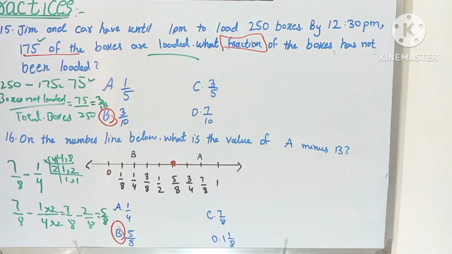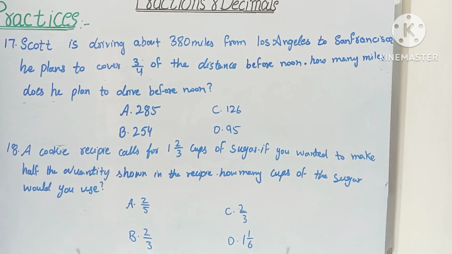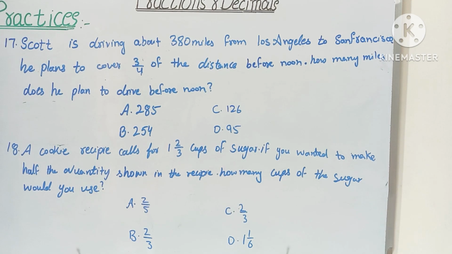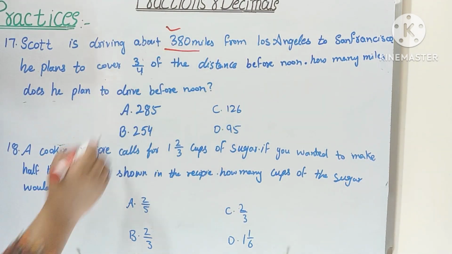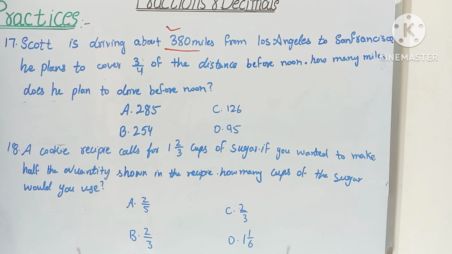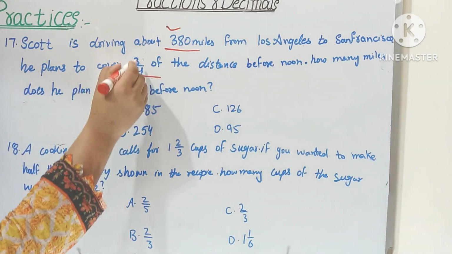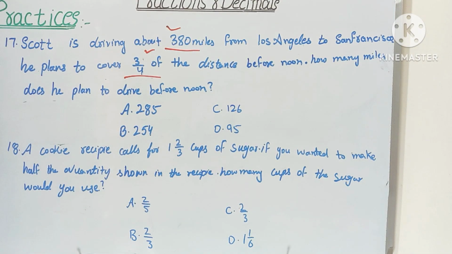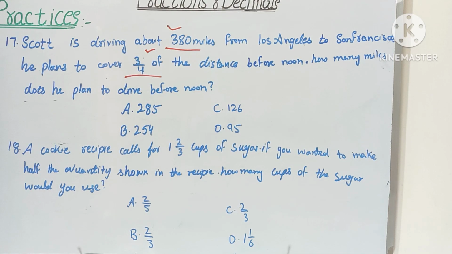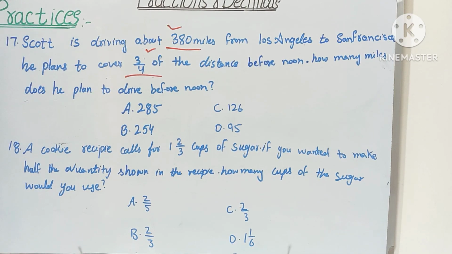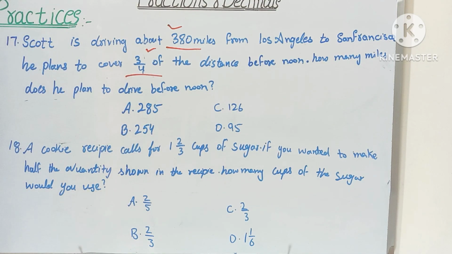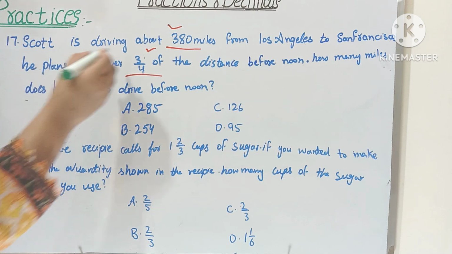B option. Scott is driving about 380 miles from Los Angeles to San Francisco. He plans to cover 3 over 4 of the distance before noon. How many miles does he plan to drive before noon? Step by step solution: multiply the total distance by the fraction he plans to drive.